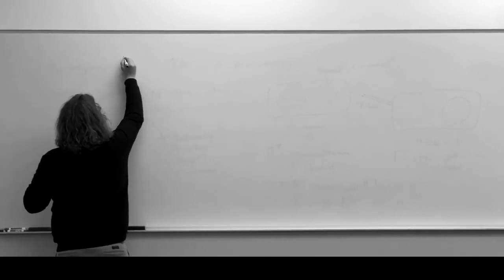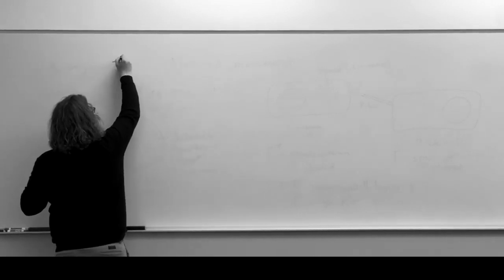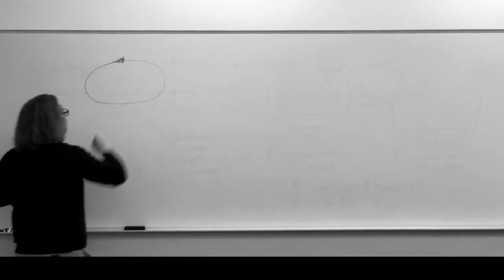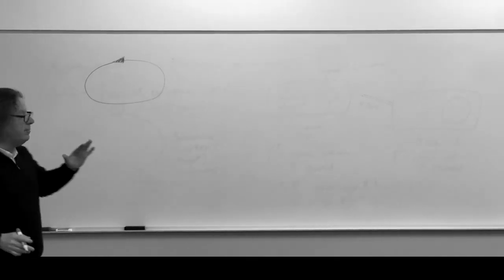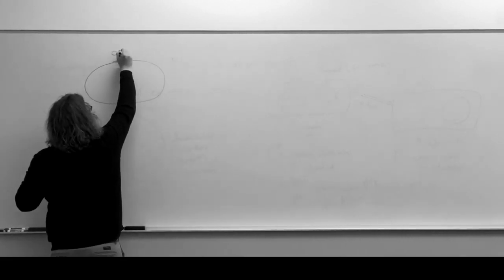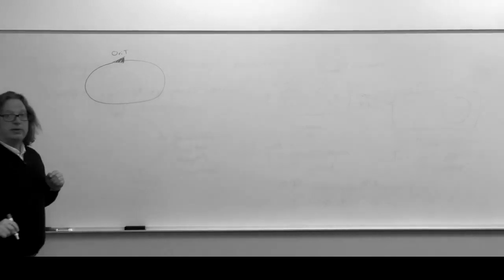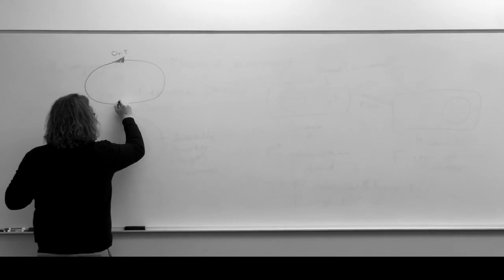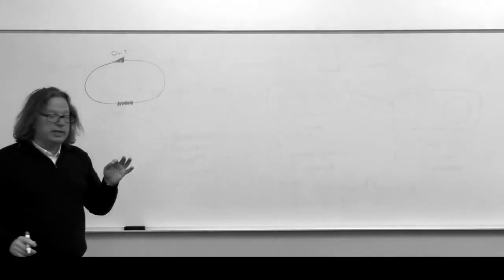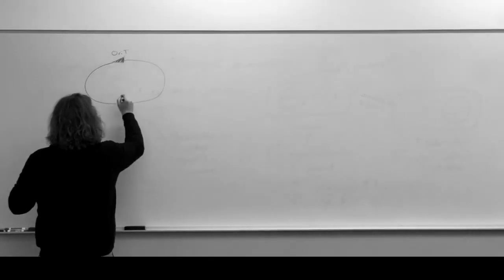So say we have a plasmid, and for simplicity purposes, I'm just going to draw it here with the origin of transfer as this arrow. So the other element that is relevant here is what's called an insertion sequence.